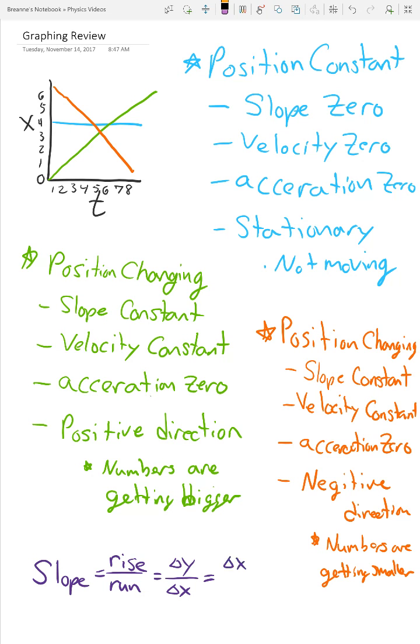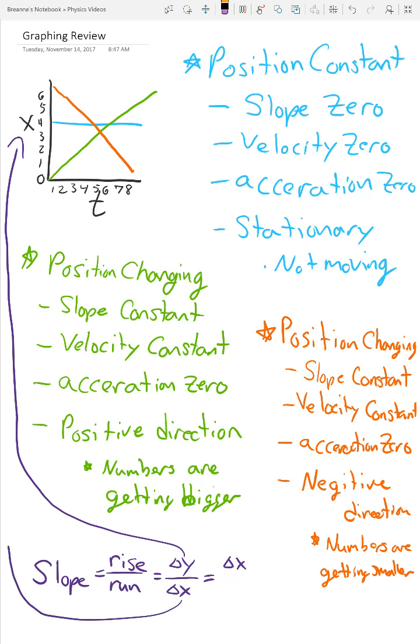So our y-axis is our position. Our x-axis is our time. So you get delta t. And our slope in this case is velocity.